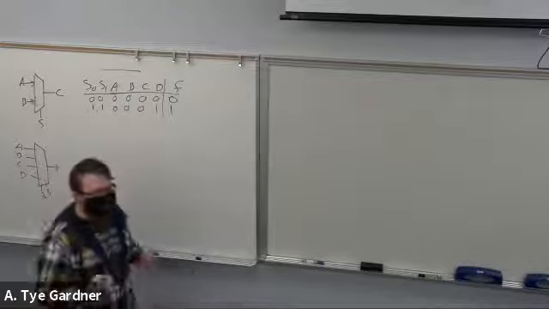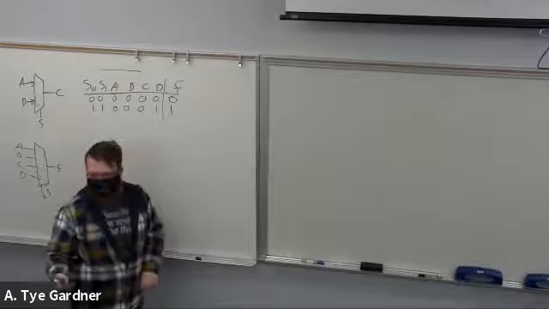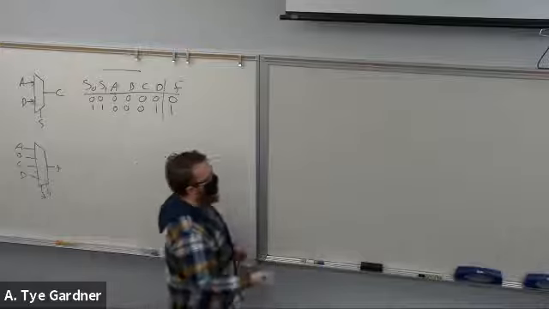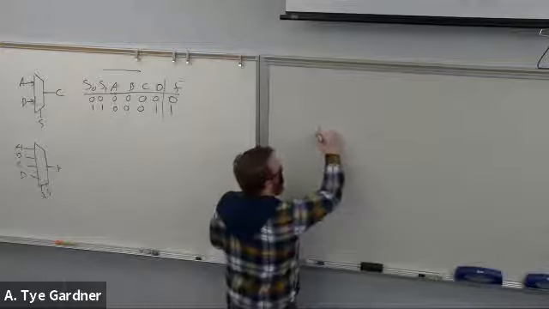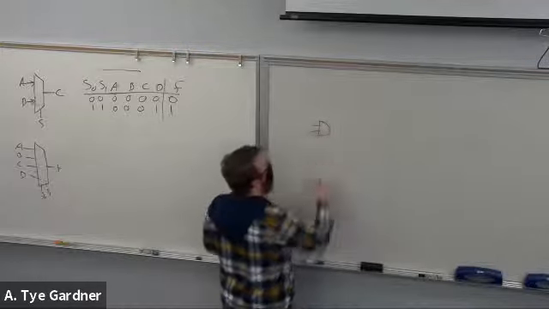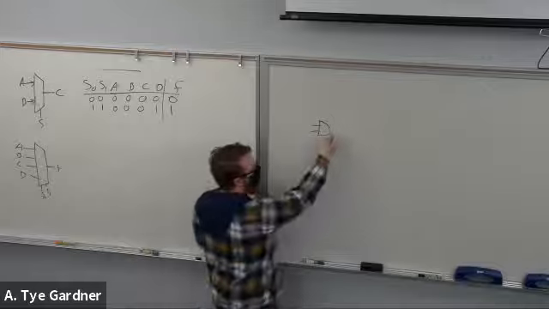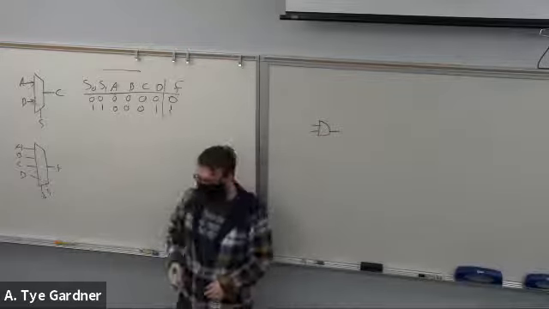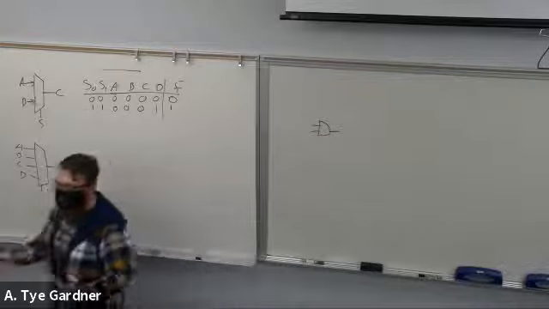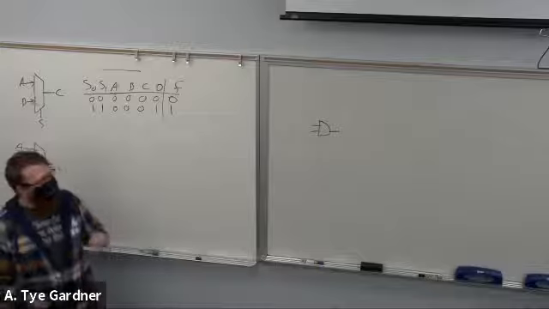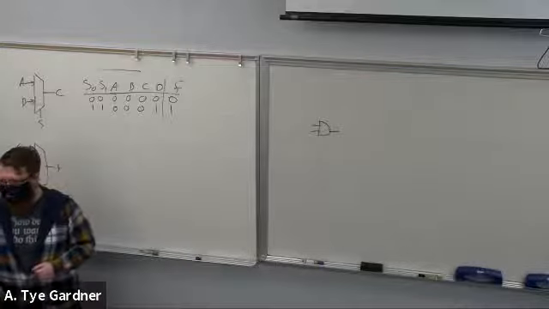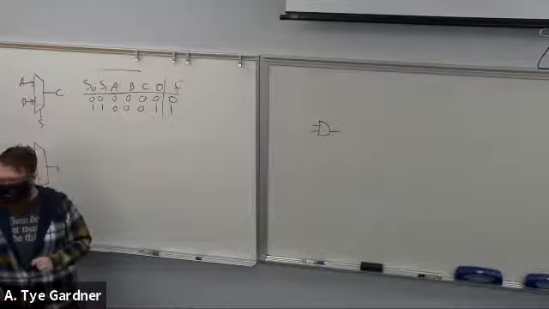We call this design reuse, where we want to reuse the same thing as much as we can because it saves us effort. So let's say I have a bunch of 2-input AND gates. How do I make a 4-input AND gate if all I have is 2-input AND gates?